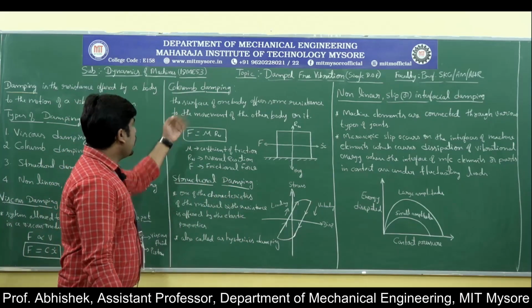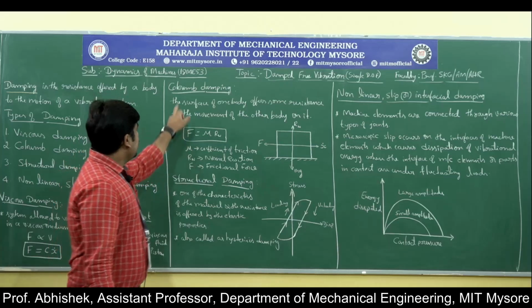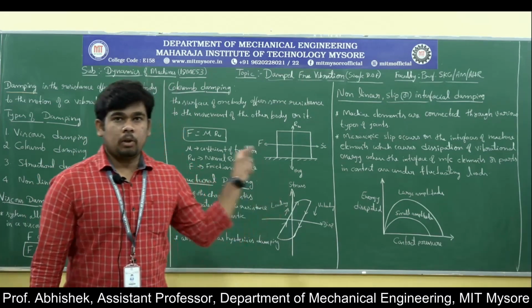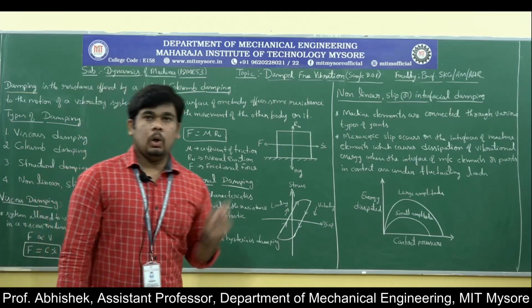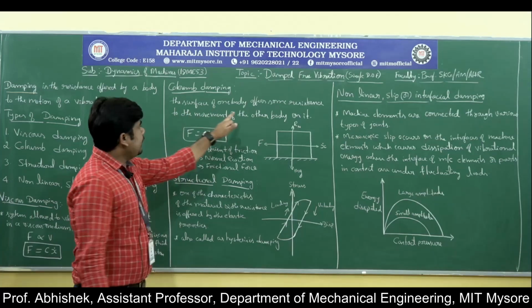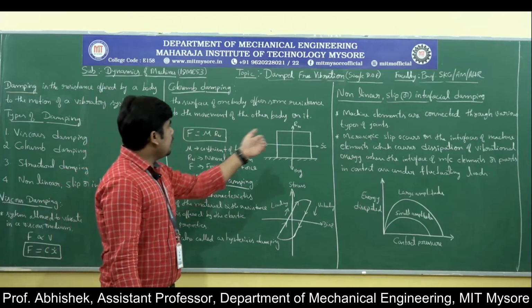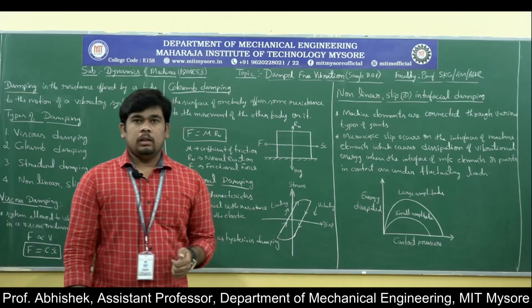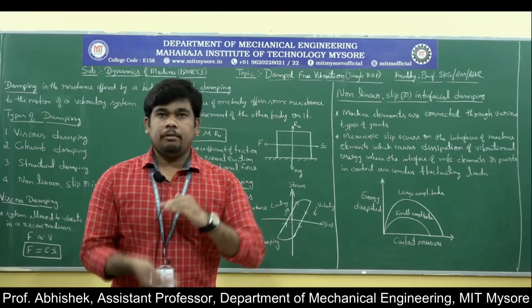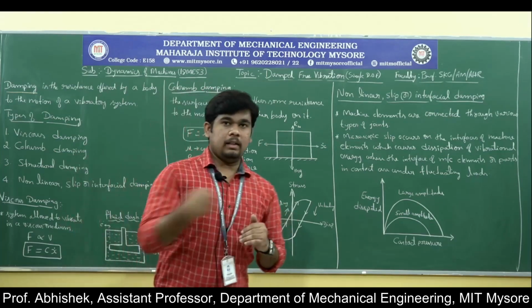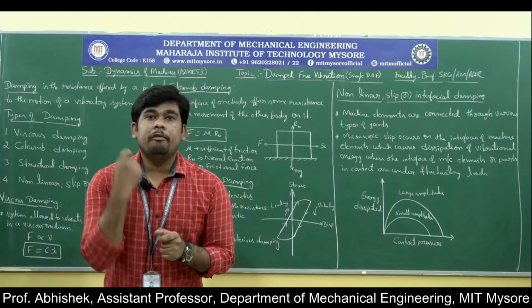Next we have Coulomb damping. See, Coulomb is the name of a person who developed this concept. So that is why we call it Coulomb damping. As per the Coulomb damping, the surface of one body offers some resistance to the movement of the other body on it. Consider two bodies, one is fixed and one is moving. If a body is moving with respect to another, there will be a force of friction.